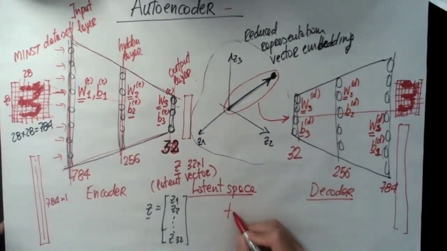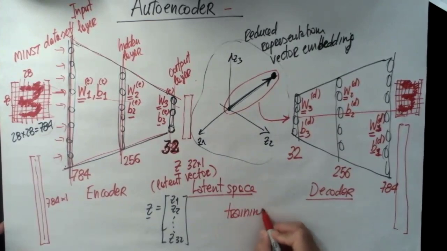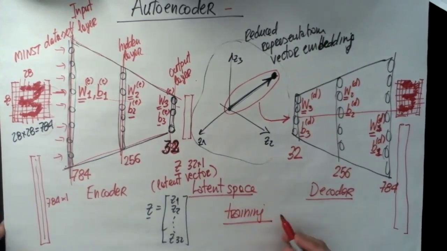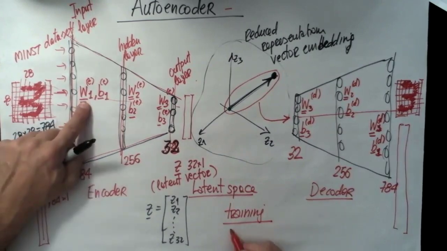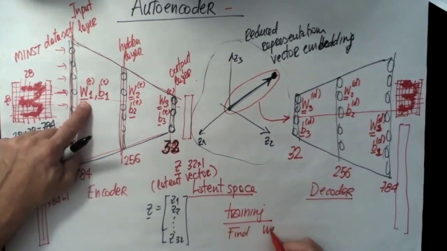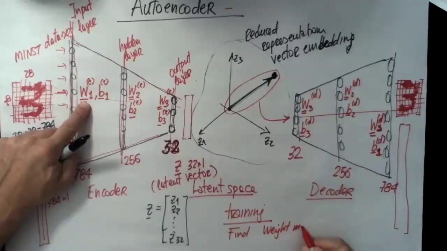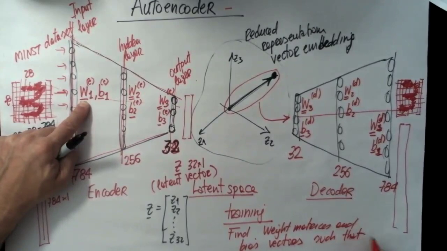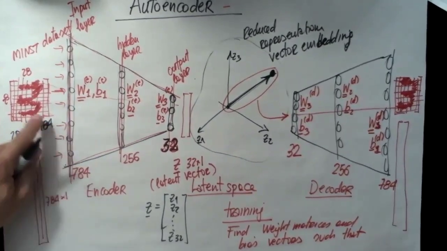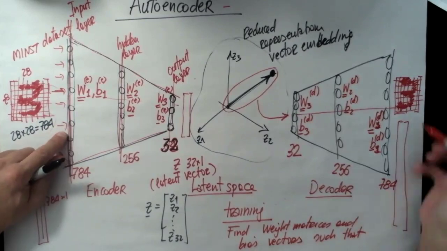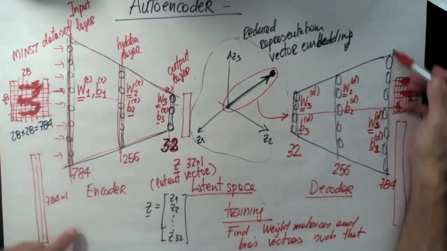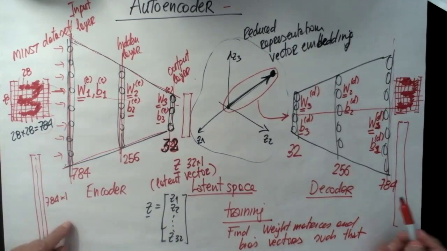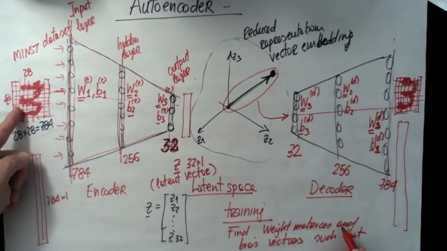And the training of the autoencoder is done in such a way as to find the weight matrices and bias vectors such that the output of the network here matches the input.